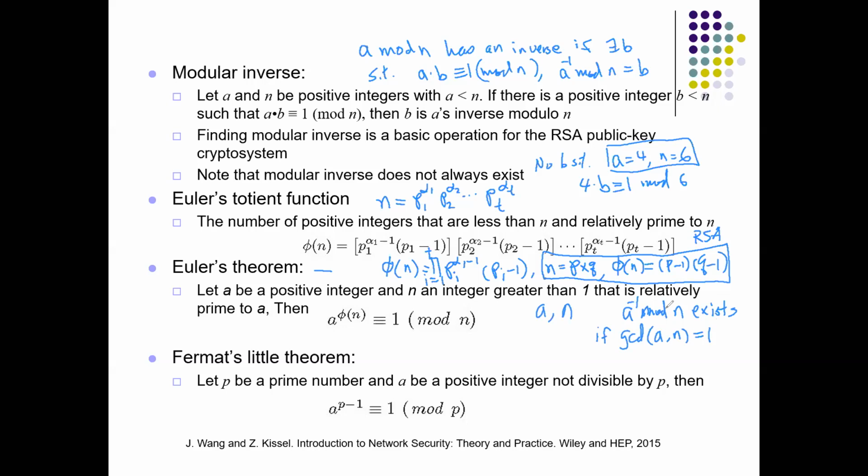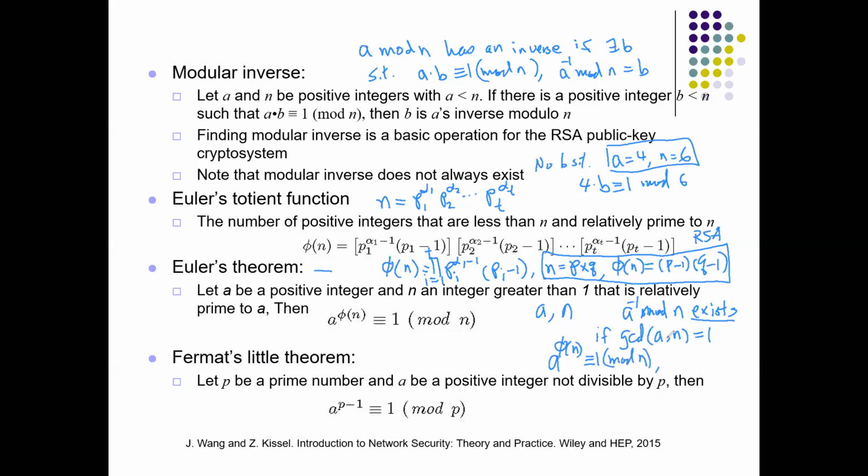That means the greatest common divisor of a and n is 1, in other words, a is relatively prime to n. And not only do we know it exists, we also know the form. The form is a to the phi of n is congruent to 1 mod n.